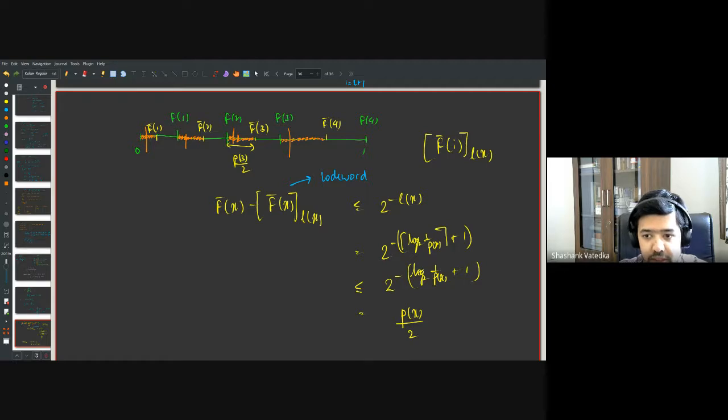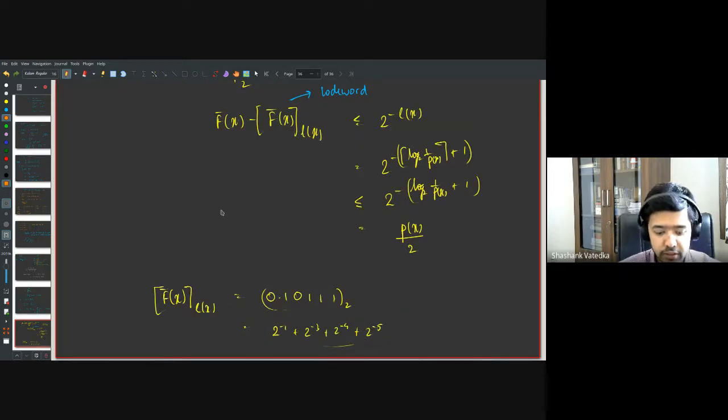Can you say that this is going to be a non-singular code? Yeah, so it is going to be non-singular, right?